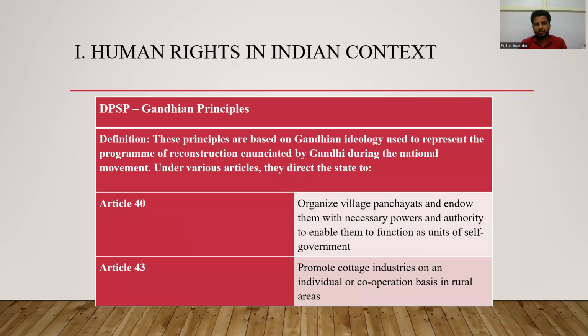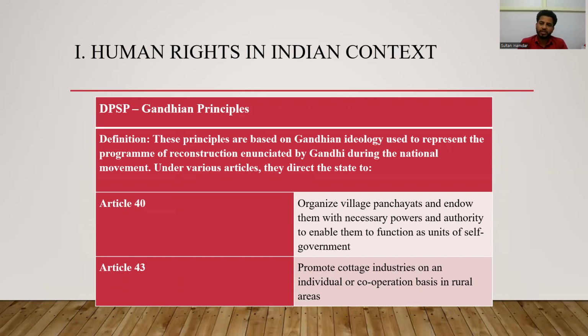Next one is Gandhian principles. We all know about Gandhian principles, which believe in peace. These principles are based on Gandhian ideology and represent the program of reconstruction enunciated by Gandhi during the national movement. One of them is organizing village panchayats.